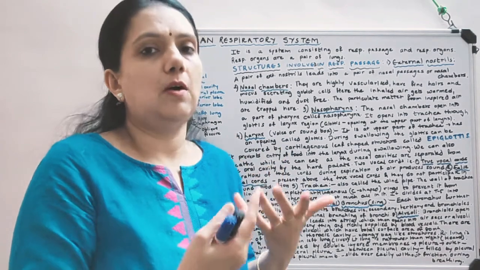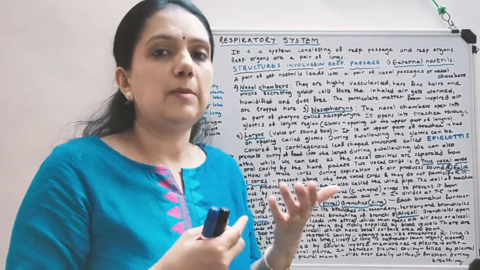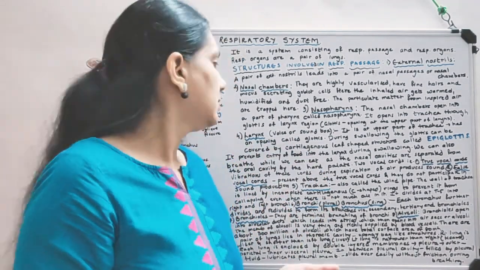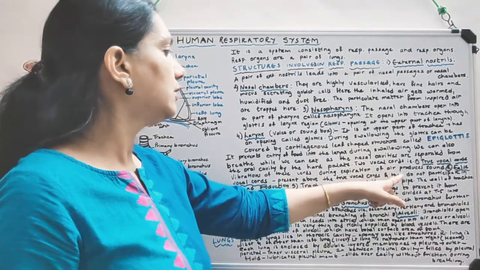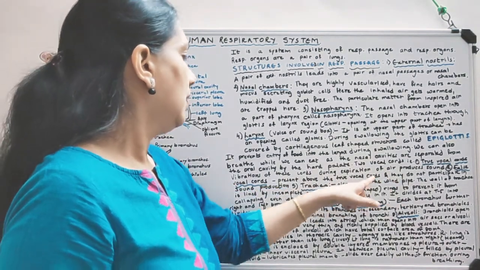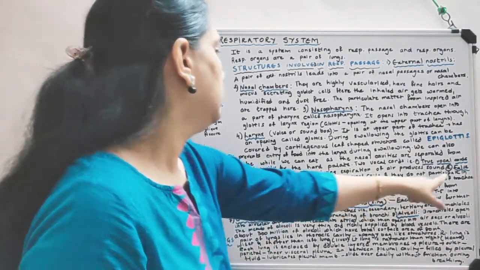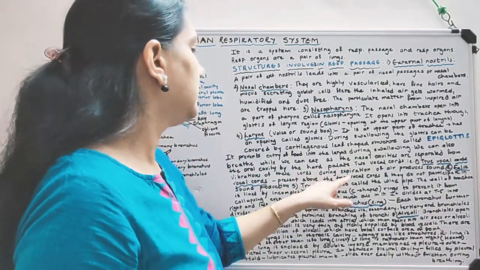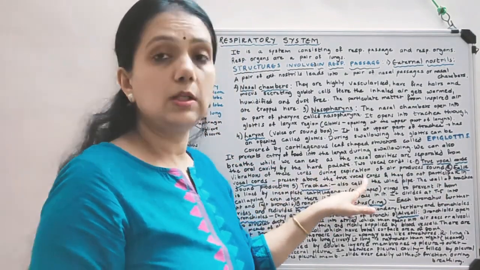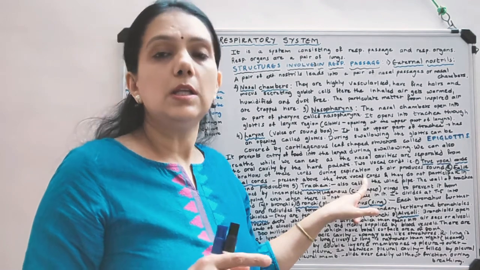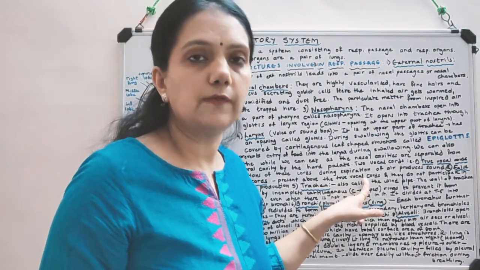When you breathe out, at that time the cord vibrates and it produces sound. And the false are those which are present above the true vocal cords and they are not involved in production of sound.